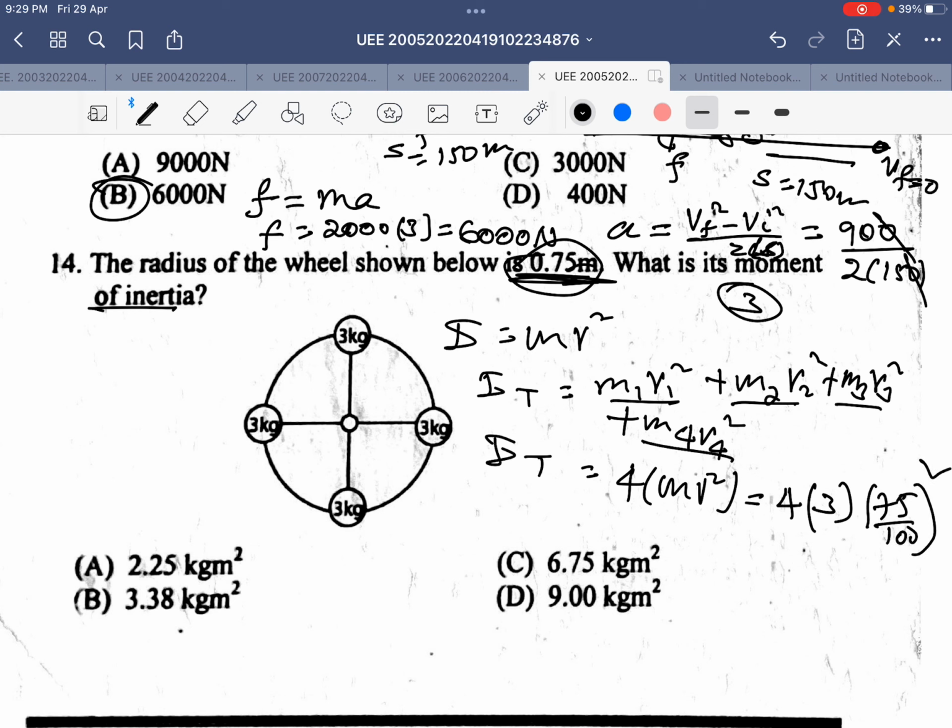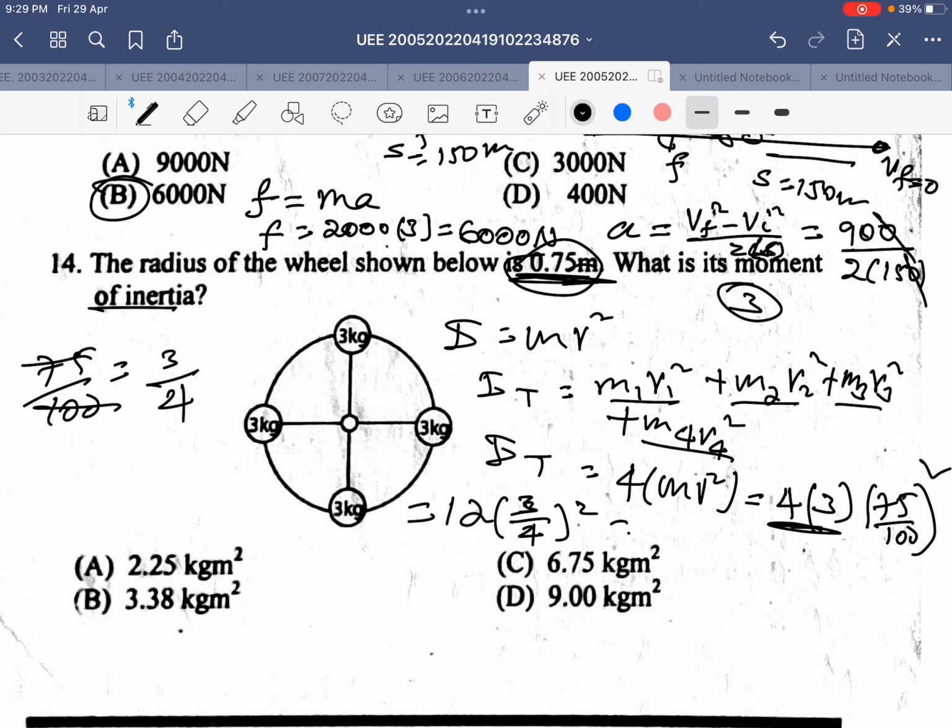The whole squared is equal to 4 times 3, which is 12, times 75 over 100. Dividing by 25, 75 over 100 becomes 3 over 4, the whole squared. This is equal to 12 times 9 over 16.